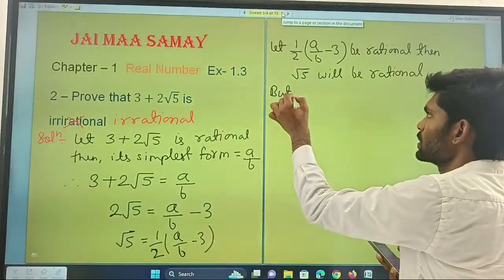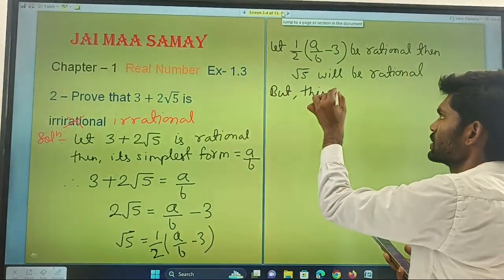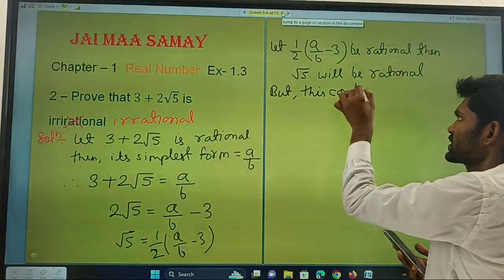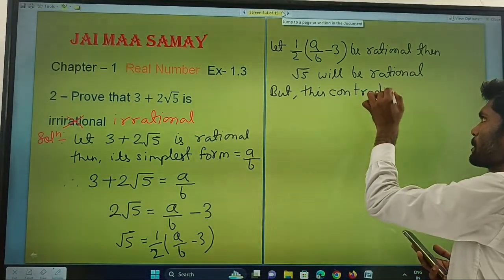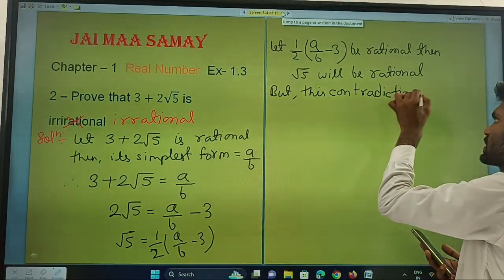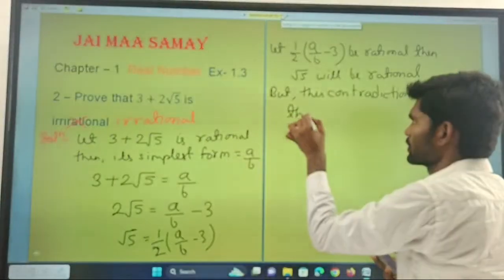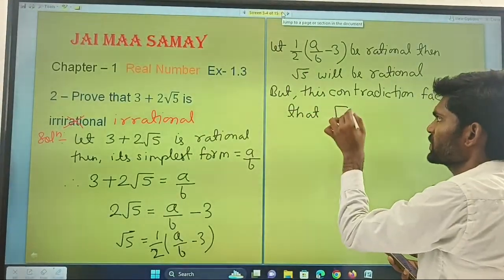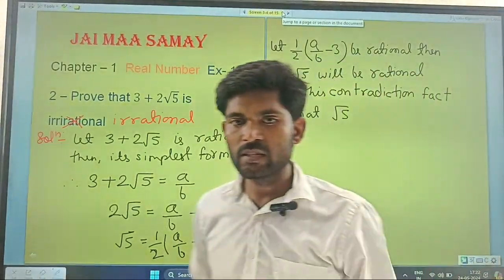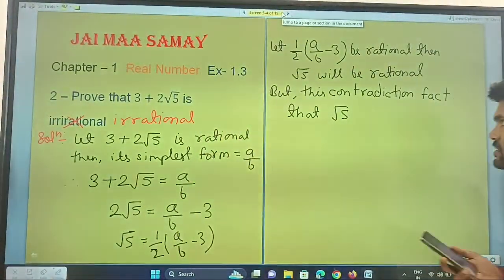But this contradicts the fact that under root 5 is irrational.